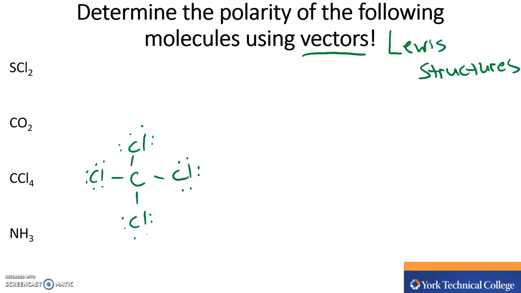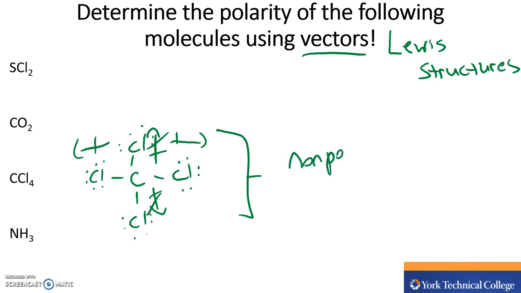We know that chlorine is more electronegative than carbon, so we're going to have a vector pointing up, a vector pointing down, and those cancel, and then a vector pointing towards the right and a vector pointing towards the left. Since all the vectors cancel, the overall polarity of the molecule is nonpolar. So carbon tetrachloride is also a nonpolar molecule, just like carbon dioxide. Hopefully that makes sense. Let's move on.